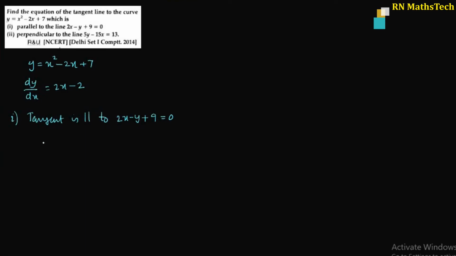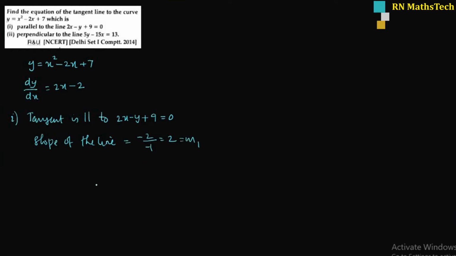Okay, slope of the line is equal to minus coefficient of x by coefficient of y, that's equal to 2. So let it be m1.